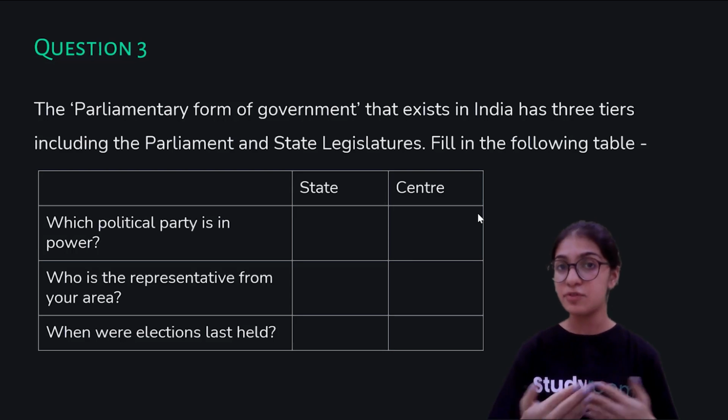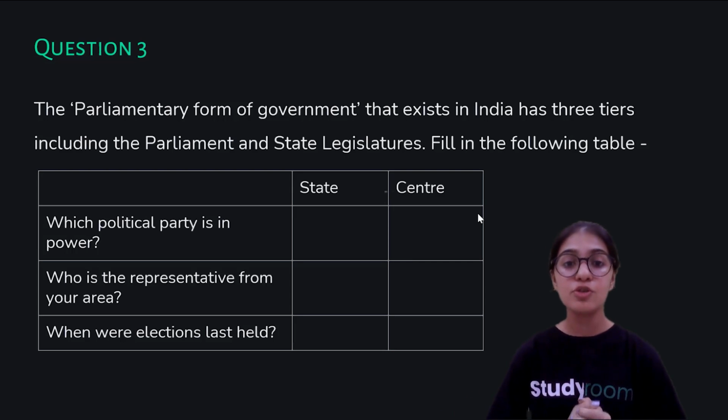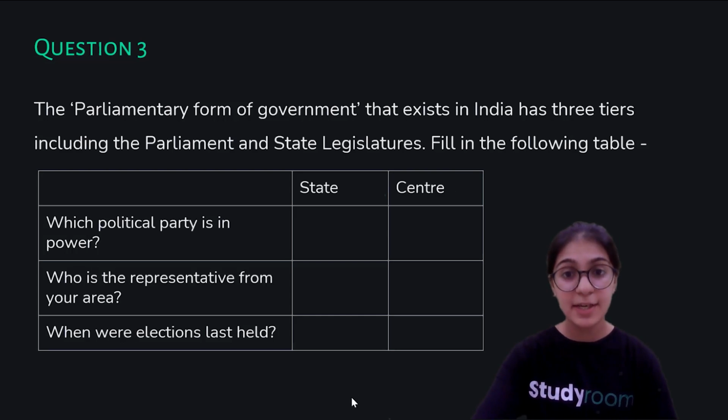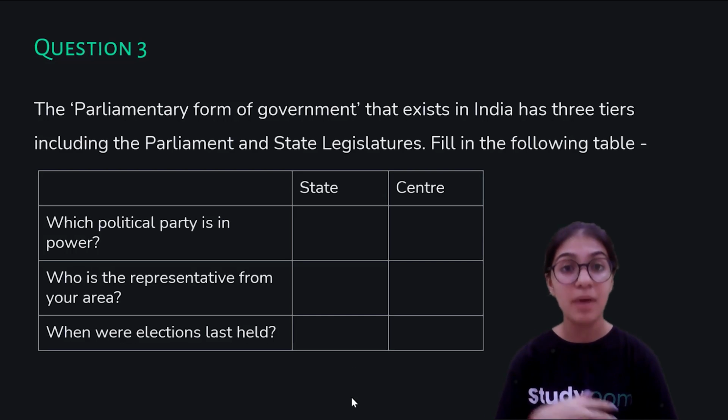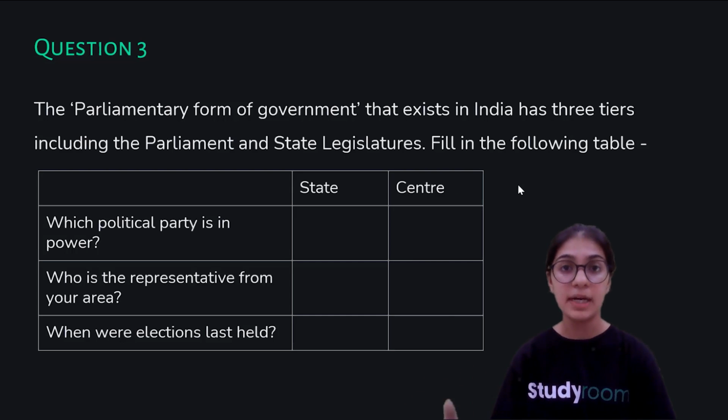Since MLAs and MPs are different for each constituency, just in case you want to know, the MLA of my area is Zubane Mishra, and the MP of my area is Parvesh Singh, who is a member of the Bharatiya Janata Party.